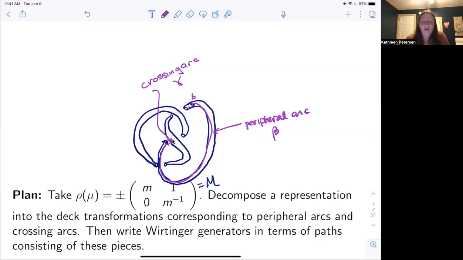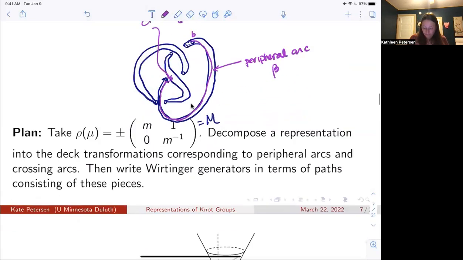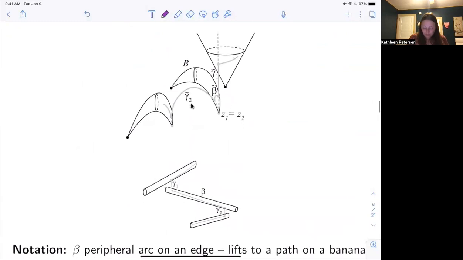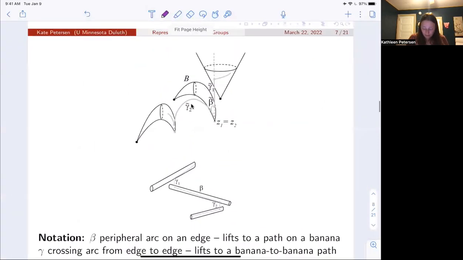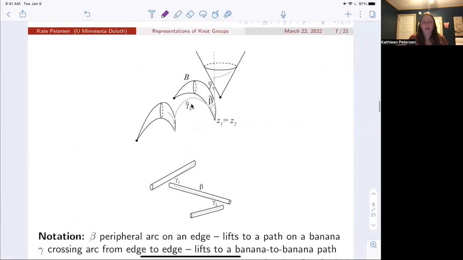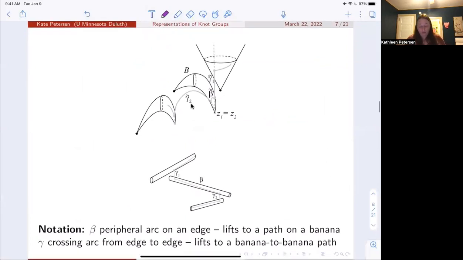Then I retrace my steps, fall back down the crossing arc, go back around the peripheral arc, and end up back at B. Let me try to make this so you can see the whole thing. Here's a nicer picture of this. The bottom, just imagine that as a little snippet of my knot complement.